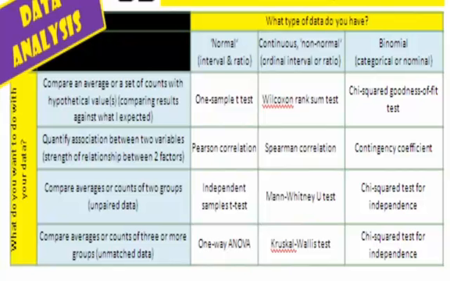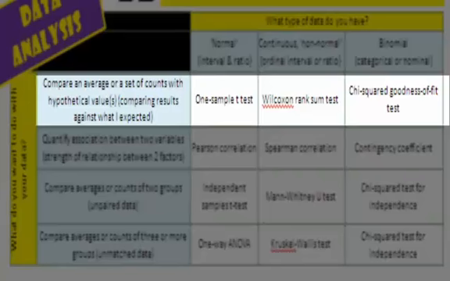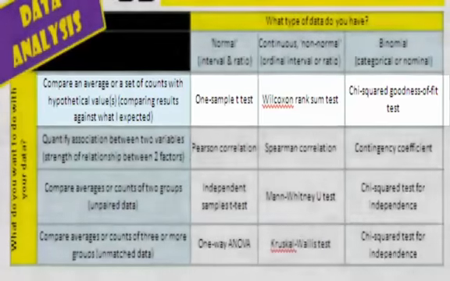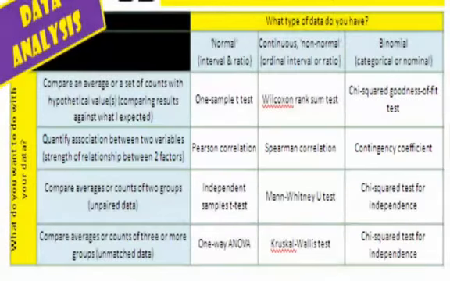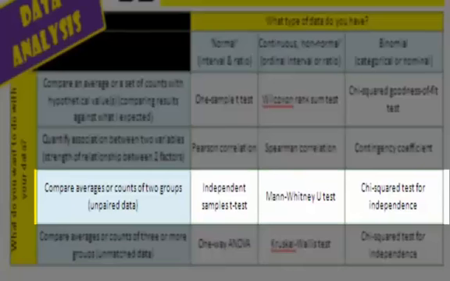So all we need to do if we're going to compare the data to see if it's statistically significant is to decide what we want to know. Do we want to compare our data with what we would expect? Or do we want to see how strong the relationship is between two different factors? Do we want to compare two groups?